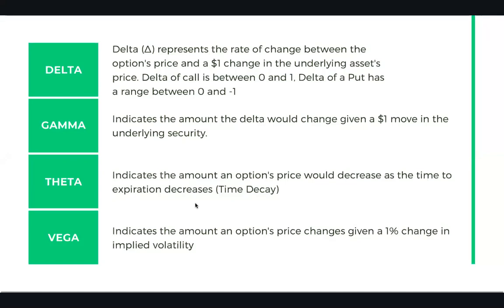Another thing, why should we sell high implied volatility? Remember, high implied volatility is equal to expensive price, expensive premium, expensive option price. And what is the theta? The theta is a portion of this premium.